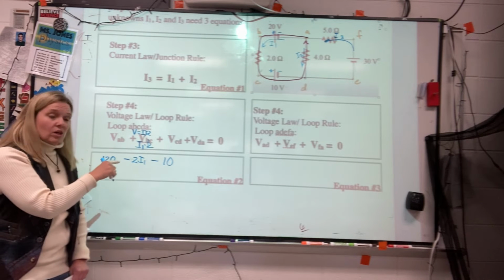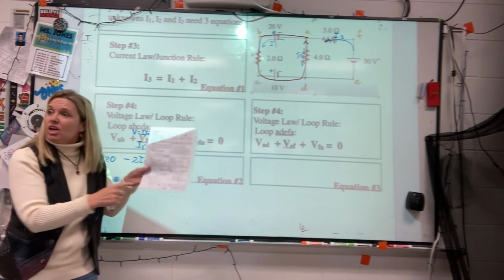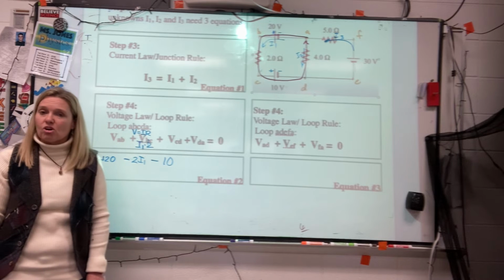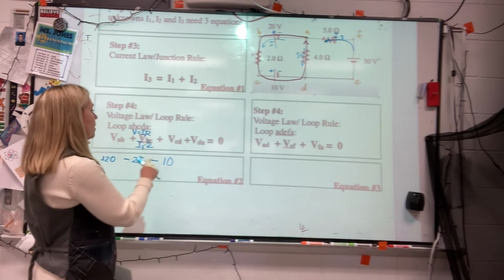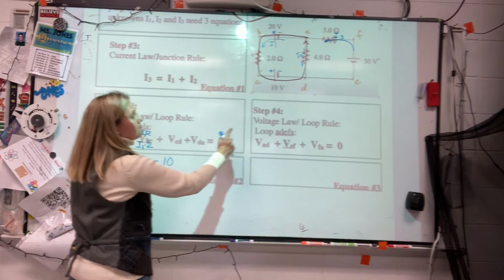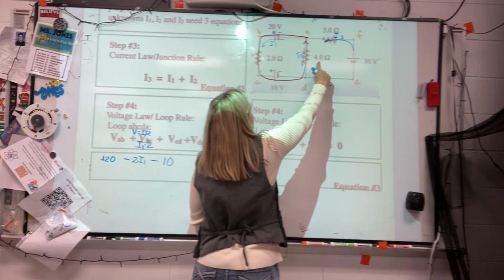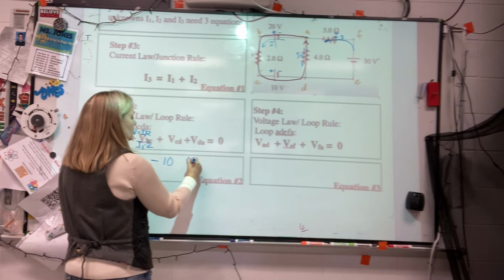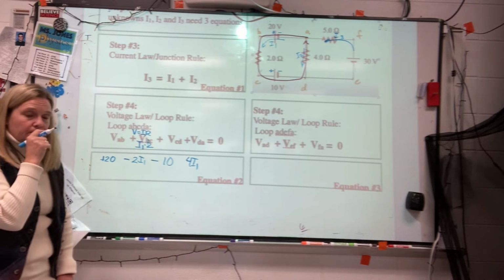Do this part real slow. If you get one sign wrong, there's a lot of math, everything is wrong, and you have to start all over again. It's bad. Okay, so now what? Here to here, we have 4 ohms, so I'm going to have a 4 times I2. Is this positive or negative?